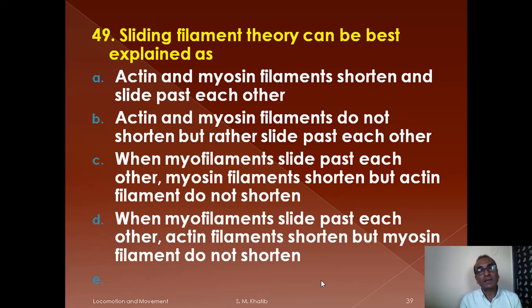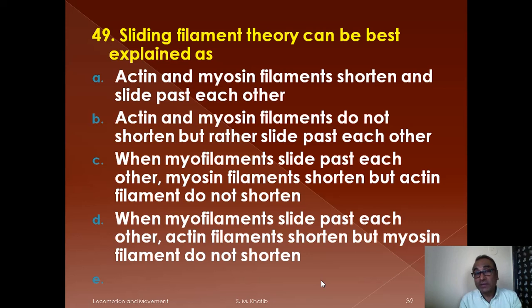We know that during the muscle contraction, always remember, it is only the movement of the actin filaments in between the myosin. Neither actin filament length is shortening nor the length of myosin shortens. Their lengths remain the same.